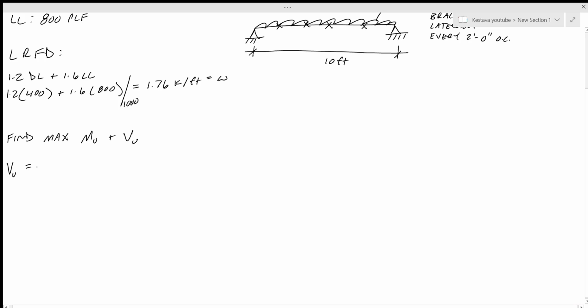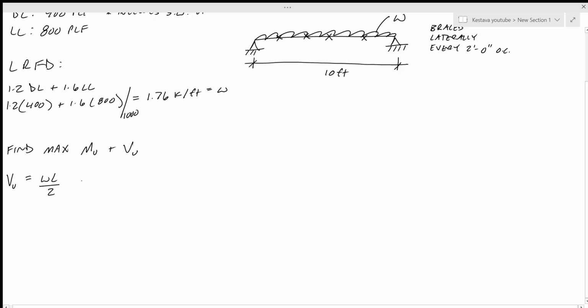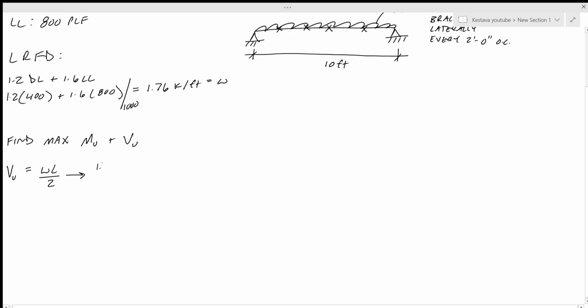Vu for simply supported with a uniform distributed load is the equation wL over 2. So we have 1.76 klf, remember kips per lineal foot, times 10 feet over 2. That's 8.8 kips.